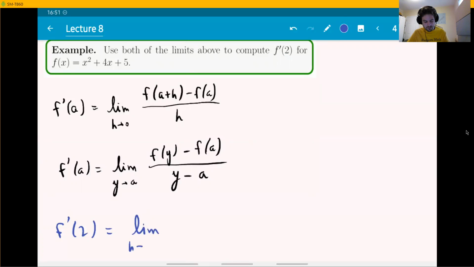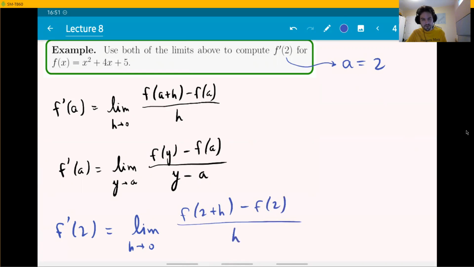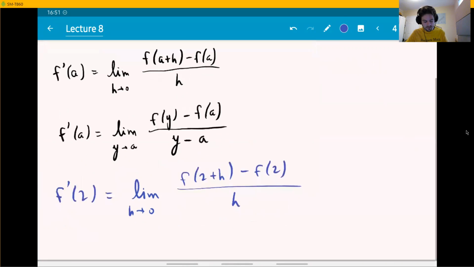Limit as h goes to 0. So in the numerator here, we need to compute f at the number a plus h. Well, a is 2 in this case, the place where you are finding the derivative, f prime of 2. So we need to plug in 2 plus h into the function, then subtract f of 2, the whole thing divided by h. Let's compute this.